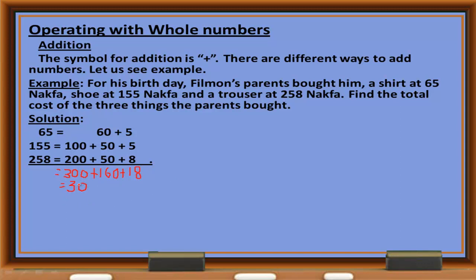300 plus 100. We are expanding it. Plus 60 plus 10 plus 8. This is equal to 300 plus 100 is 400.